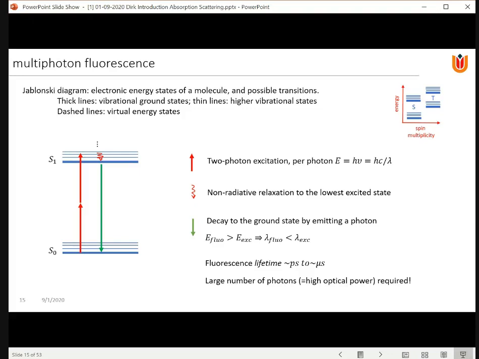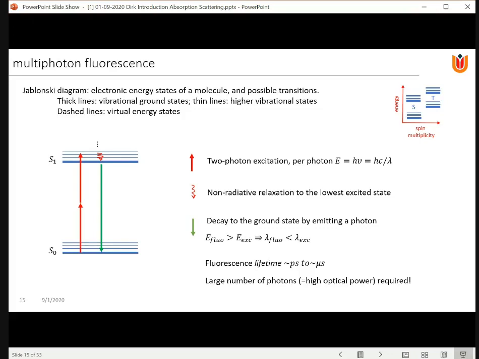But looking at the diagram, this now means that in this case the energy of the fluorescent photon is higher than the individual energy of the excitation photons, and then vice versa. Looking at the wavelength, that means that the fluorescent wavelength is now a shorter wavelength than the excitation photon, and that can in some cases be very, very beneficial.